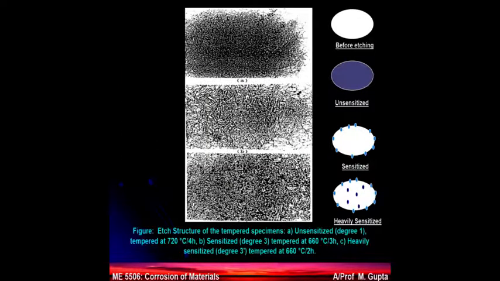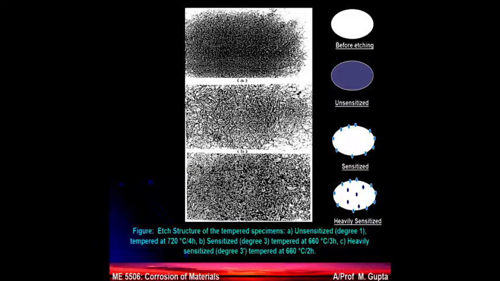Now here are the three pictures, top to bottom, which is not easy for every one of you to understand unless you are really sitting at the microscope, but these pictures you can easily understand. This is a section where your sample is polished, so it will look like a mirror, bright white surface.